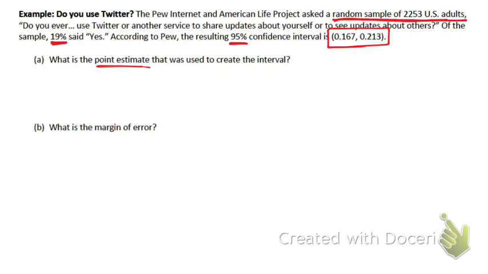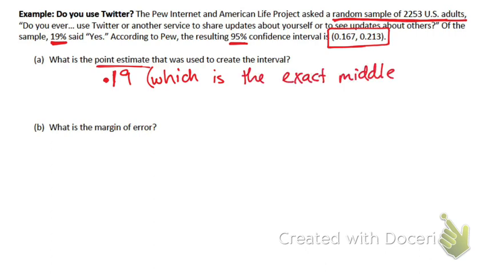Shocking. Yes. All right, so 0.19. Now, I'm just writing this for your information, which is the exact middle of the interval. It is the exact middle of that interval. It is what was used to create said interval.